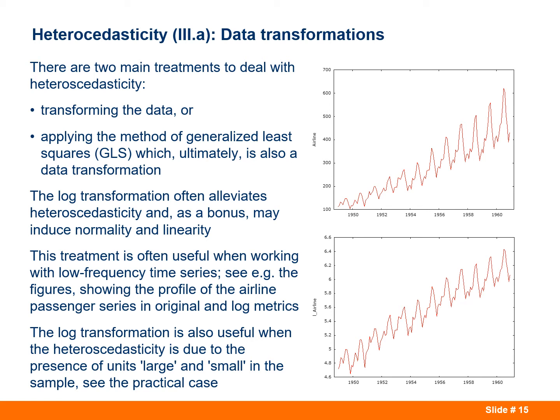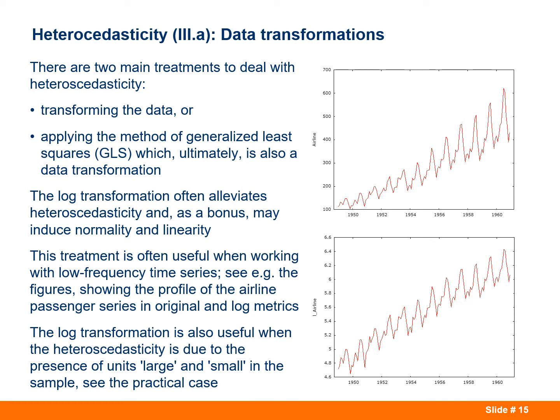The most common transformation to deal with heteroskedasticity is the logarithm. Here you have again the airline passengers data, and here you have the corresponding logs. The log transformation reduces the difference in scale, so the large difference here and the small difference here become very close to each other after the log transformation. This treatment is often useful when working with low-frequency time series.